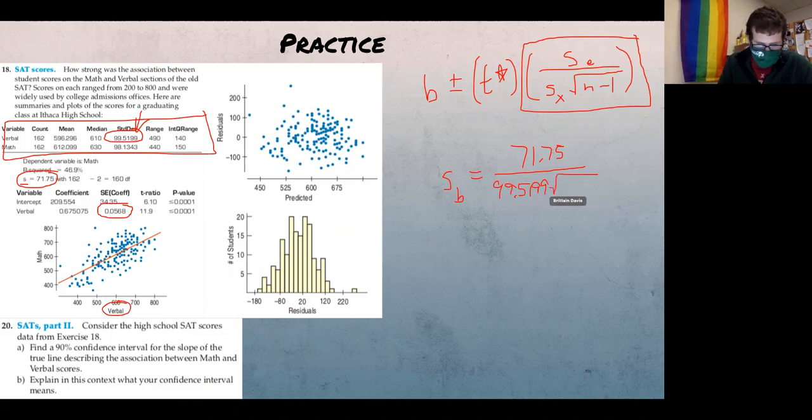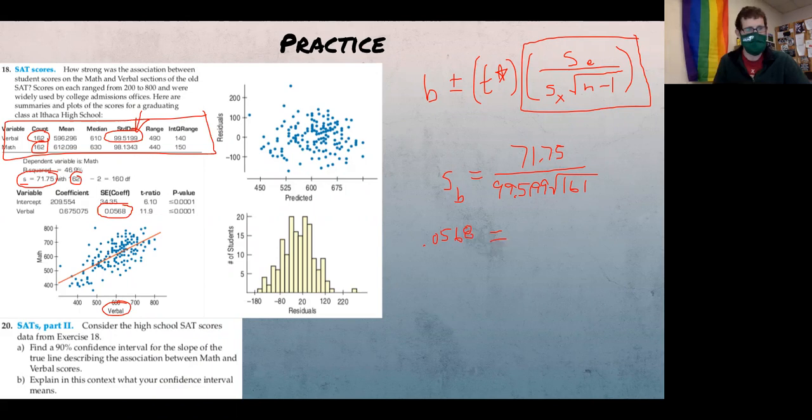Times the square root. The sample size here is given lots of different places. We can see 162, 162. It even says, no, it doesn't say it up there. So it's going to be 162 minus 1. That's 161. Let's plug that all in. Make sure we should get 0.0568.